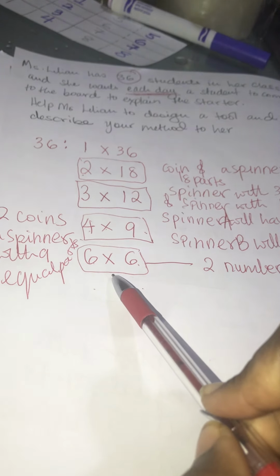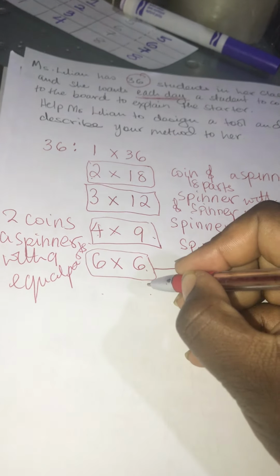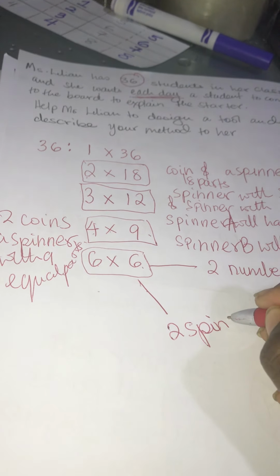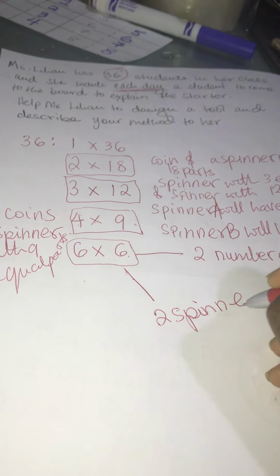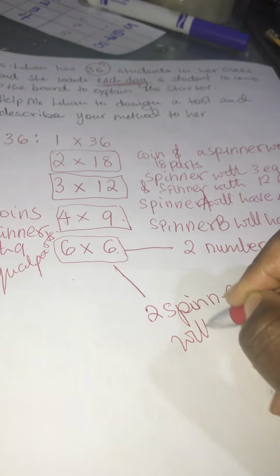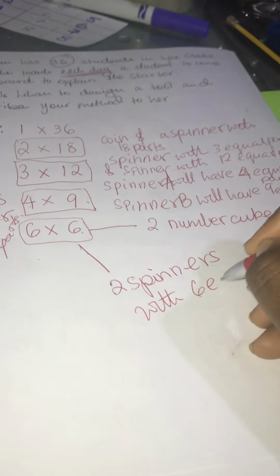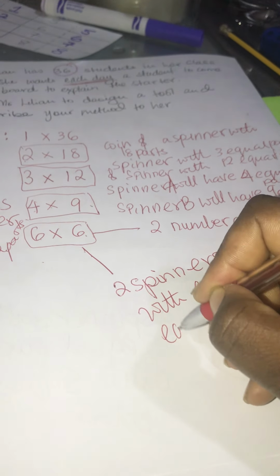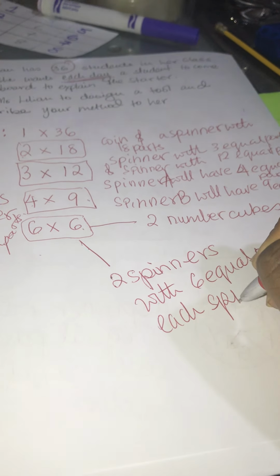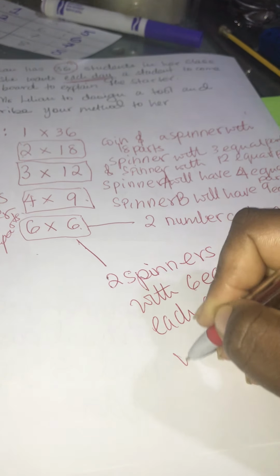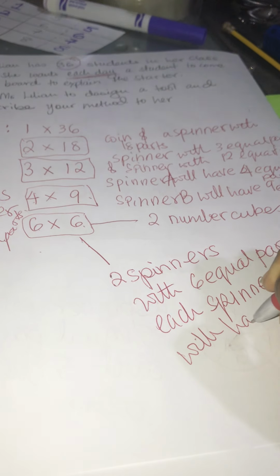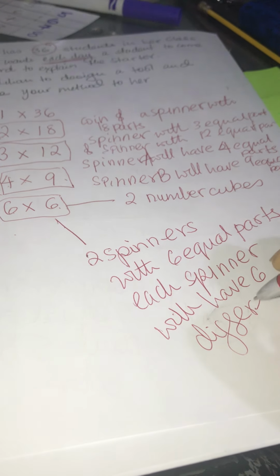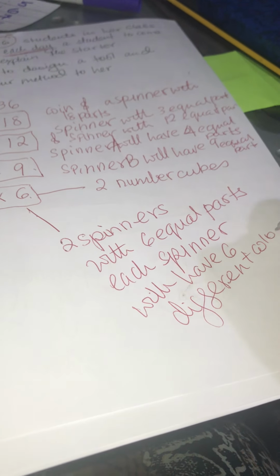Okay, here I can use 2 spinners, each with 6 equal parts, and each spinner will have 6 different colors.